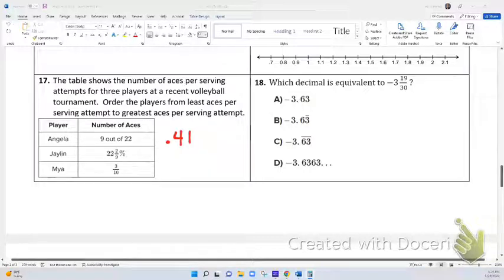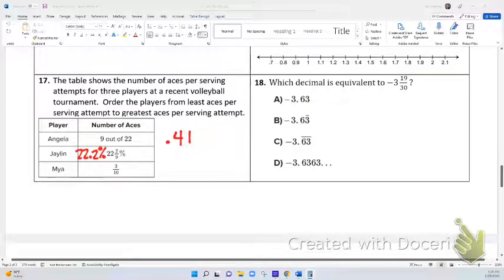For the second one, once again, we have 22 and 2/9. So if you do 2 divided by 9, we end up getting 0.22. So this ends up being 22.2%. But remember, we don't want percentages, we want them in decimals.